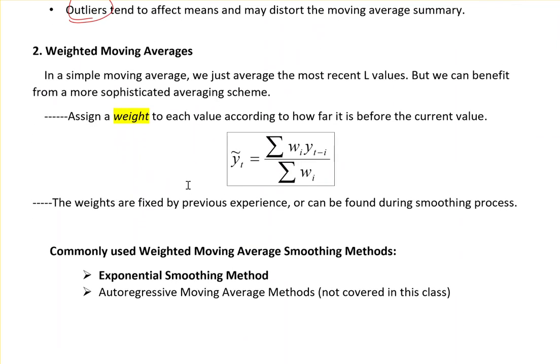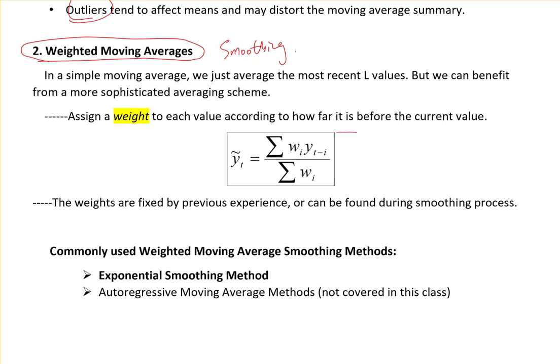So next we'll talk about the weighted moving average, which is the improved type of moving average method. Right, so it also belongs to the smoothing method. The idea is the same. We want to smooth the time series so that we can get the forecasting about the next time point. But this smoothing method will give weights to the recent value and previous values.